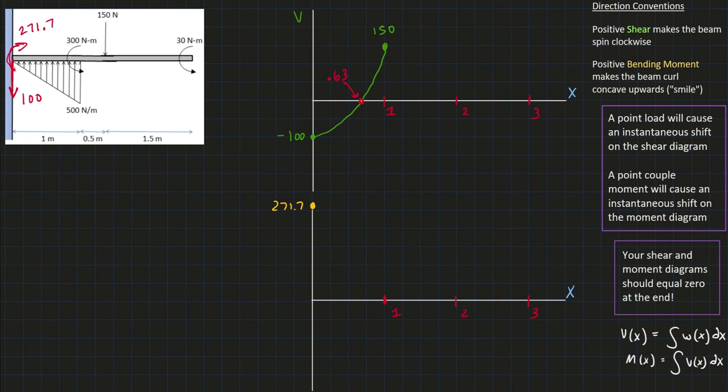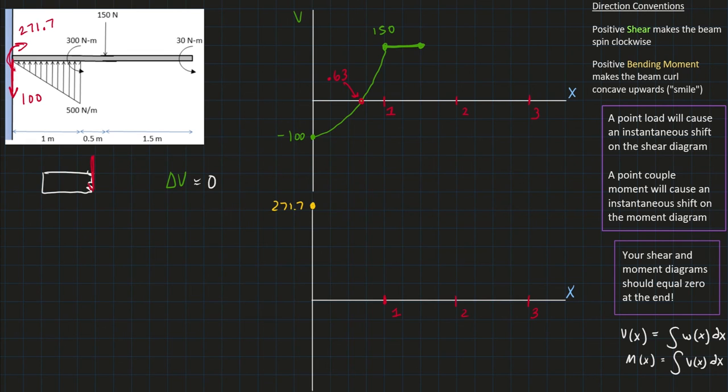Our external bending moment does not affect it. There is a w of 0 on that bound. Just looks like that. No area underneath that curve, so we know that the change in shear will equal 0 in between x is 1 and x is 1.5. So we know we're at a constant shear until we get to that x of 1.5, because there we have that 150.